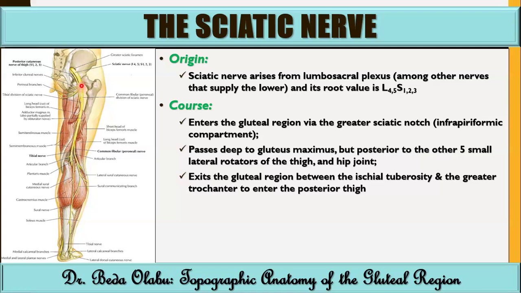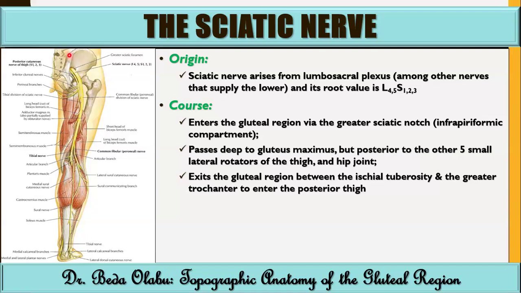The other surface landmark, especially the entry point to the gluteal region, will be somewhat midpoint, again, between the posterior superior iliac spine and the ischial tuberosity. So if somebody was to ask you to trace the surface marking of the nerve in the gluteal region without necessarily dissecting, then look for 2 points.